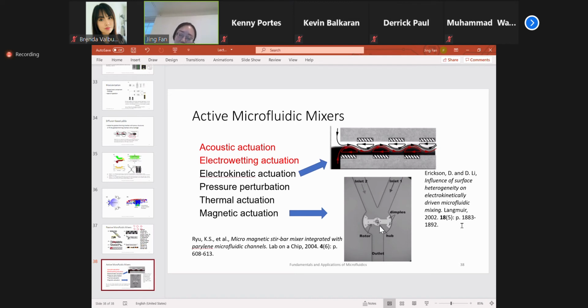And then if we apply an external electric field that can drag the charged particles to move, then the fluid will flow along with the charged particles.